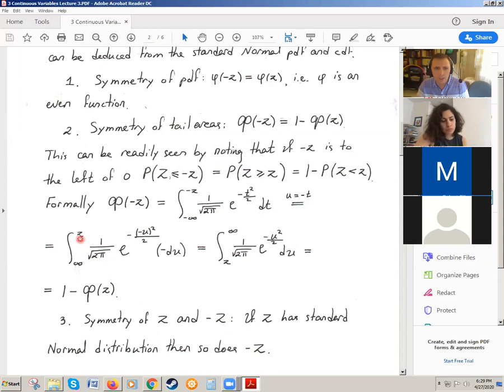Then what about these limits? t equal to minus z means u equals z. t equal to minus infinity means u equals infinity. So I have the integral from infinity to z of this expression. And dt equals minus du, right? Du equals minus dt, so dt equals minus du.